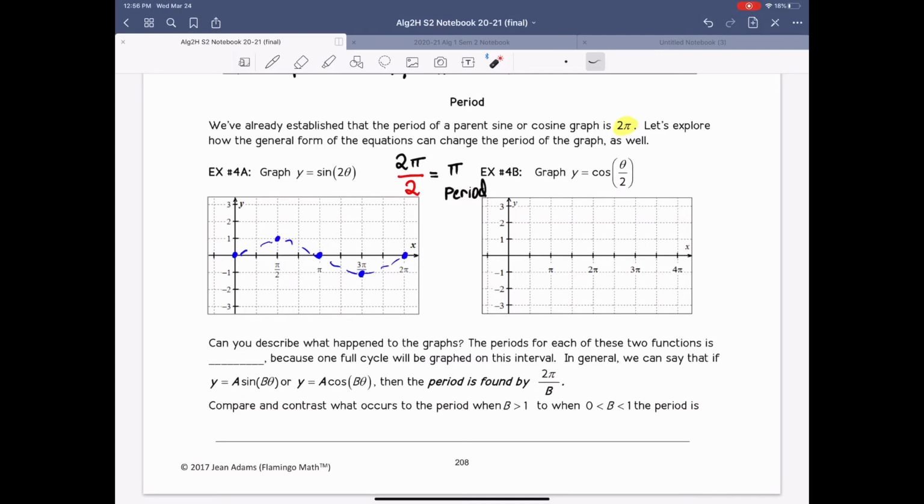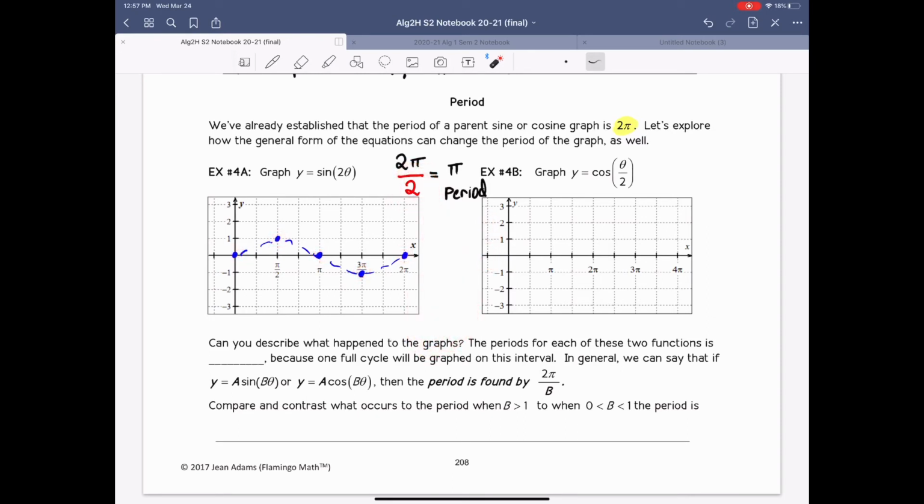Now here's the best way that I can conceptualize graphing these adjustments. Since we have a point at every interval of pi over 2, if I take pi over 2 and divide it by 2, like I divided my full period by 2, essentially I'm multiplying by 1/2. That means that instead of having a new point every pi over 2 interval, we're going to have a new point at every pi over 4 interval.